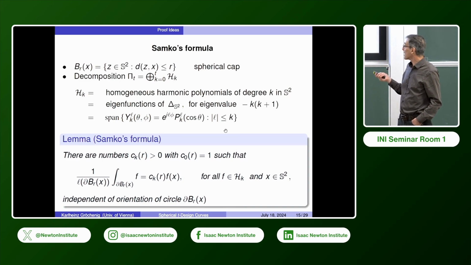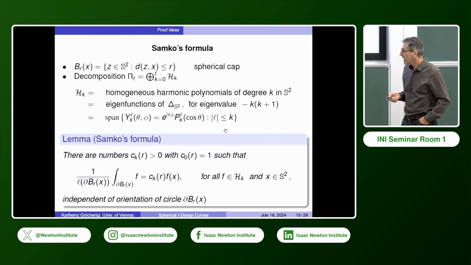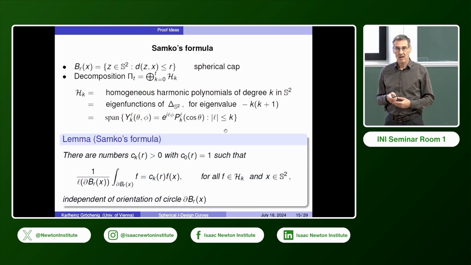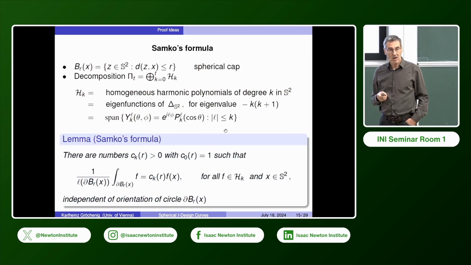And the second thing is a bit more information about the space of algebraic polynomials. There is an orthogonal decomposition of polynomials of degree t into invariant subspaces. And for the invariant subspace H sub k, there are three possible descriptions.